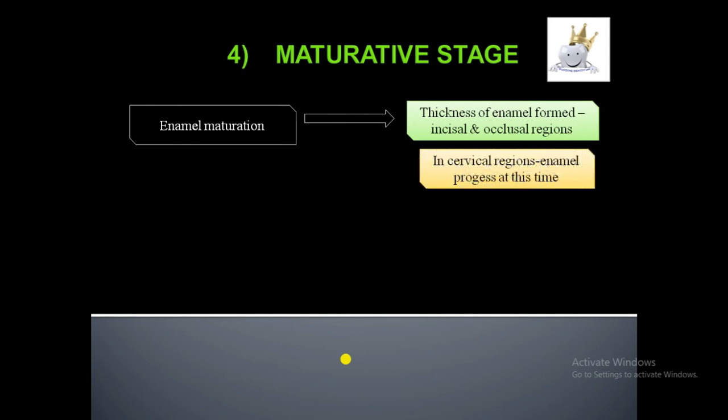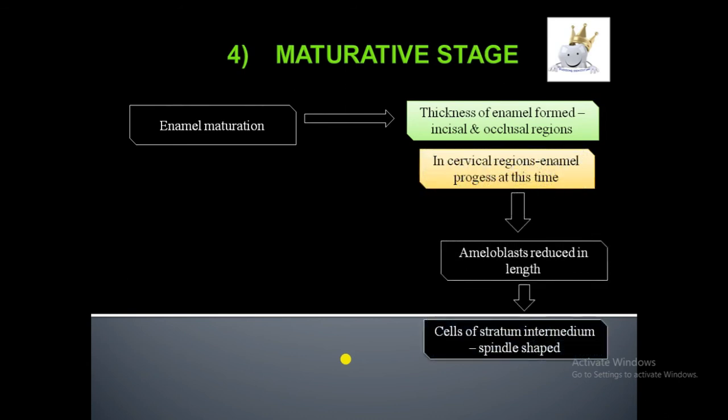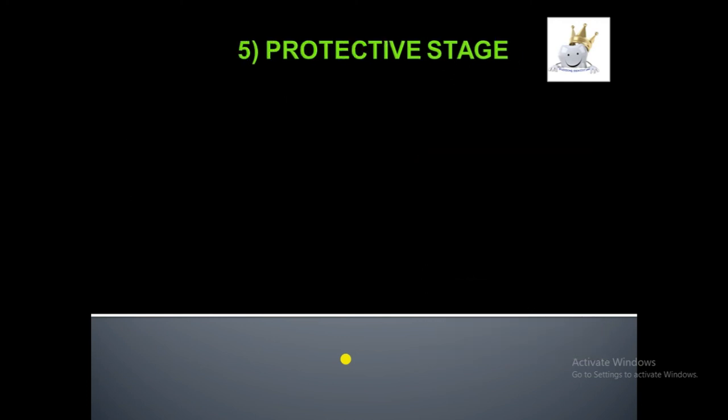In cervical regions also, the thickness of the enamel progresses at this time. During this stage, the ameloblast reduces in length, and the cells of the stratum intermedium, which are cuboidal in shape, become spindle shaped during the maturative stage.